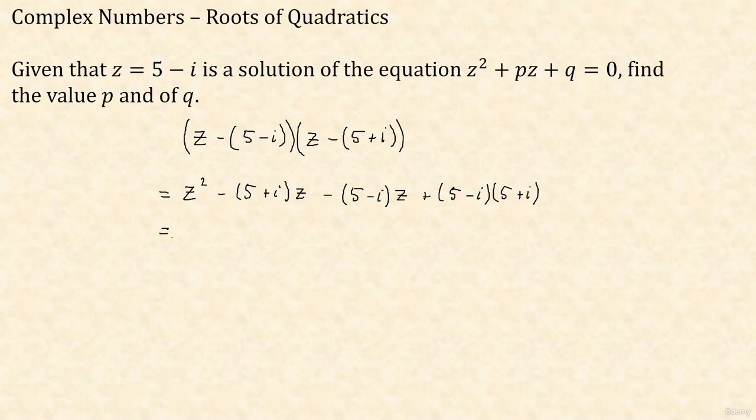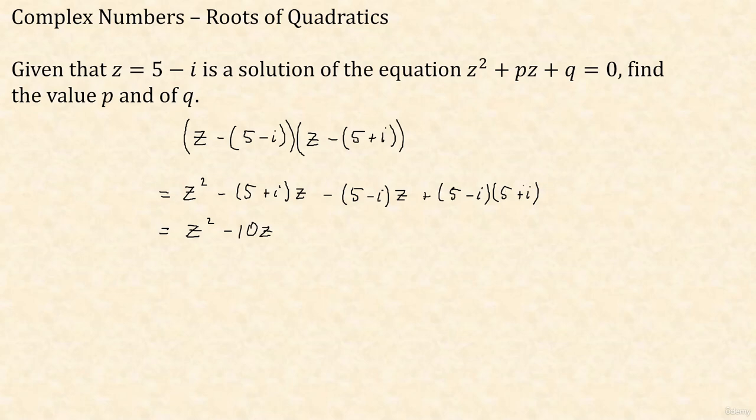Okay, let's tidy this up. I've got z squared here. So I've got minus 5z and another minus 5z, so that's minus 10z. I then got minus iz and minus minus iz, so that's plus iz. So those cancel. Then what have I got here? Well, I've got 5 times 5 is 25.